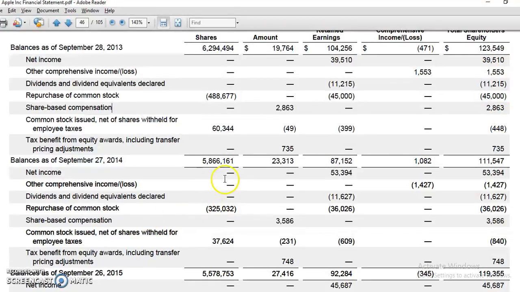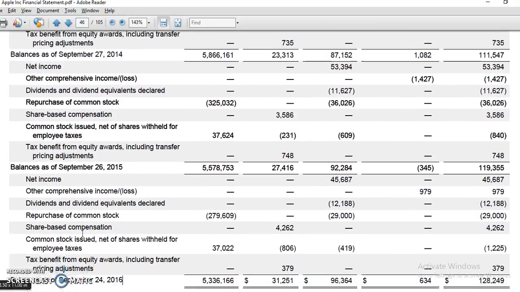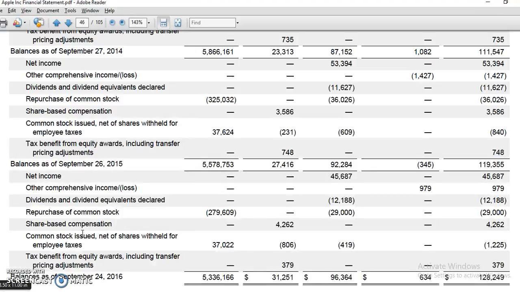Not so complicated. Now in Apple, you can see they are repurchasing some of their own shares, probably out of the profits, so that they are reducing the share capital base to increase the value for the remaining shareholders. You can see they have been doing this over the years; every year they repurchase some common stock, reducing the shareholding equity, so that it actually increases the value for the remaining shareholders.